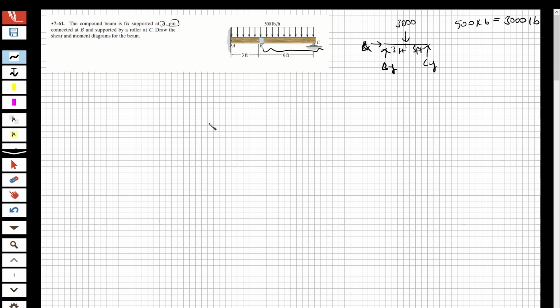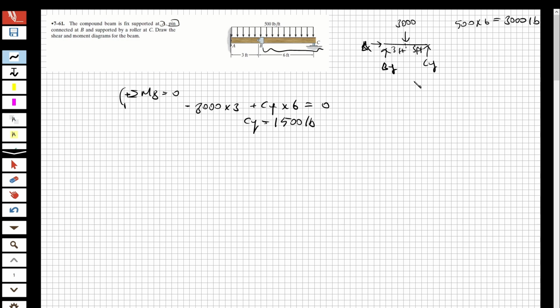Let's solve the question. I'm going to take the moment with respect to B. Total moment at B is equal to 0. This direction is positive, so it's going to be 3,000 multiplied by 3, and this is negative, plus CY multiplied by 6 equal to 0, and I'm going to obtain CY equal to 1,500 pound.